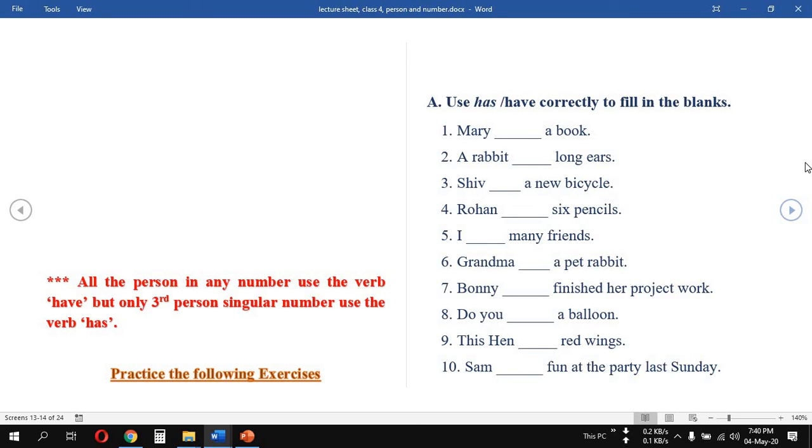So what verb is the correct for this statement? Yes, it is again has. So grandma has a pet rabbit. It is again has because we know that third person singular number use the verb has, whereas all the person in any number use the verb have.